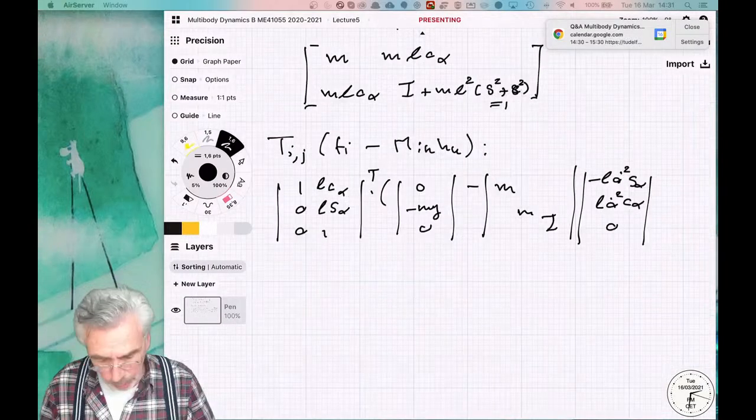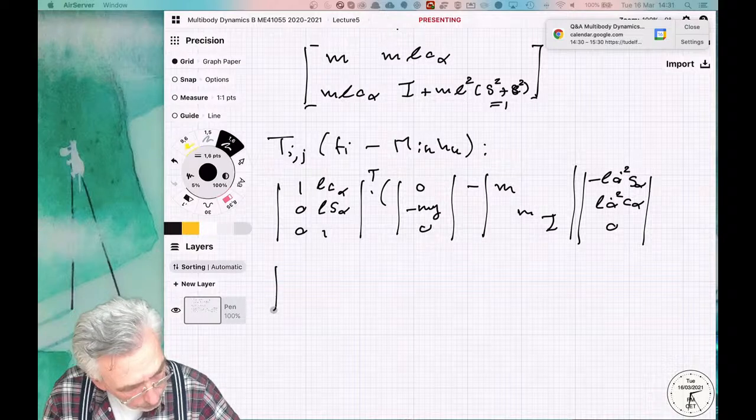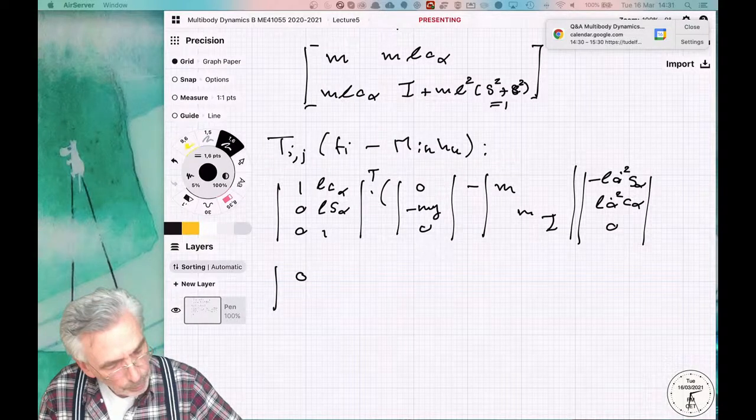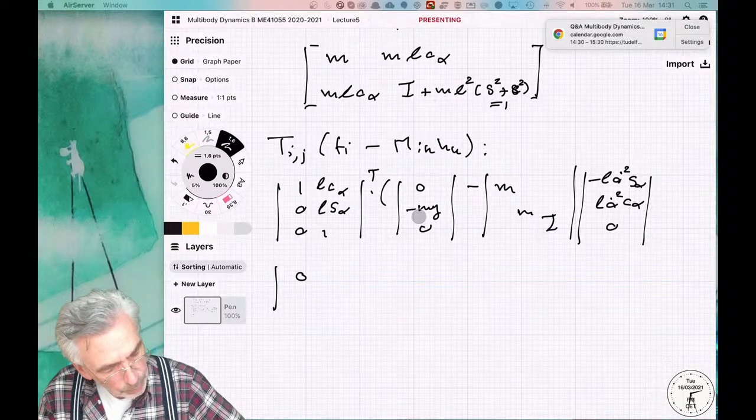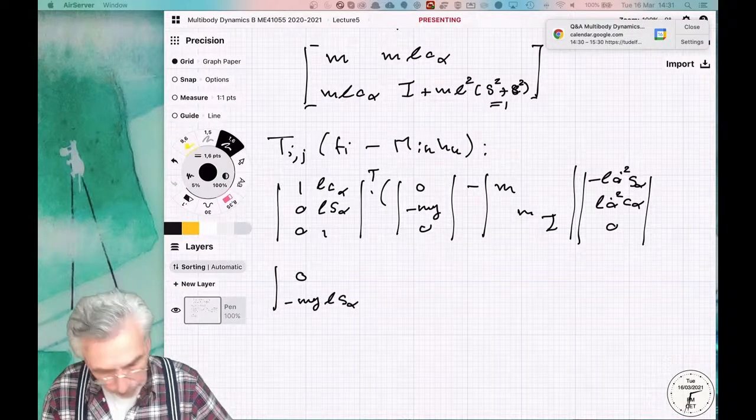Well, that's actually super simple. The first part is of course this times this is 0. And then this times this guy is minus mgl sine alpha.